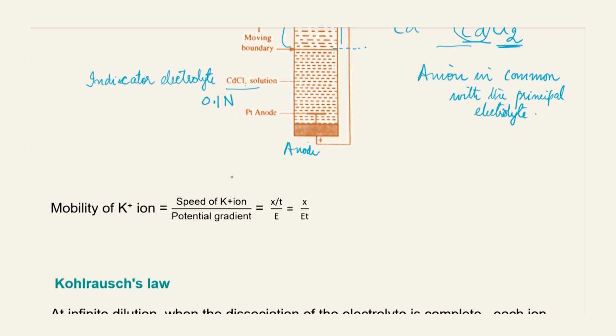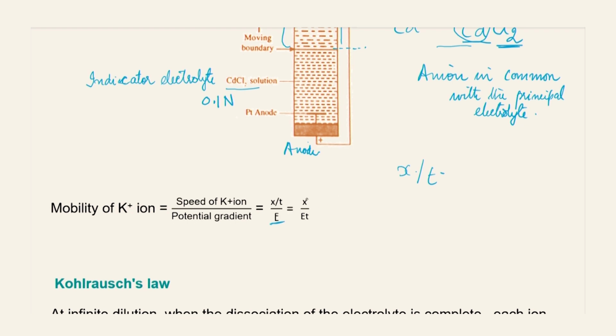Speed of K plus ion means for t seconds it moves a distance of x. So, x by t will give you the speed of the ion, x by t divided by potential gradient.